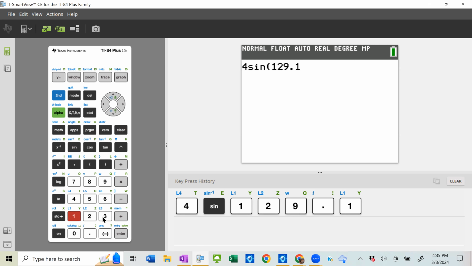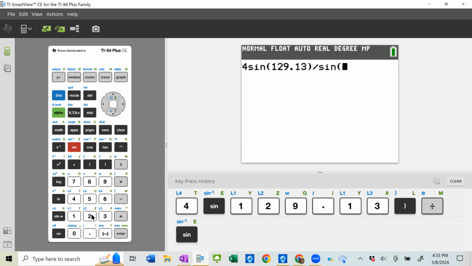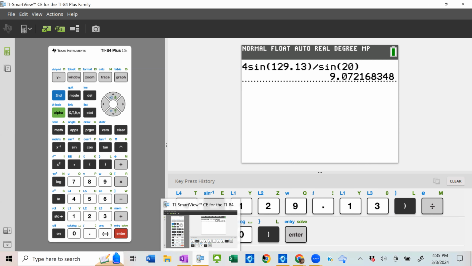A lot of times I don't like to use rounded numbers, but since it's the last of a series of calculations and we haven't used any rounded numbers up till now, we should be okay. You can be a little bit more careful and store some of these intermediate values as you move along. Divided by sine of 20. And there you go, about 9.07. So approximately 9.07 for here.